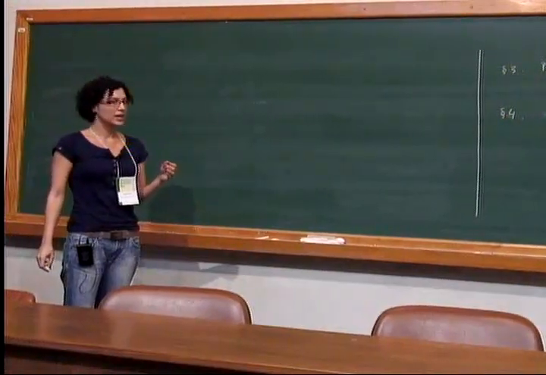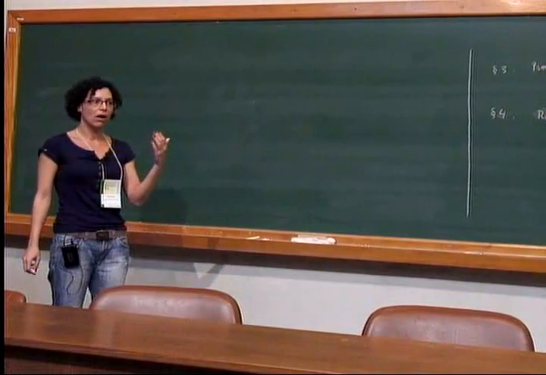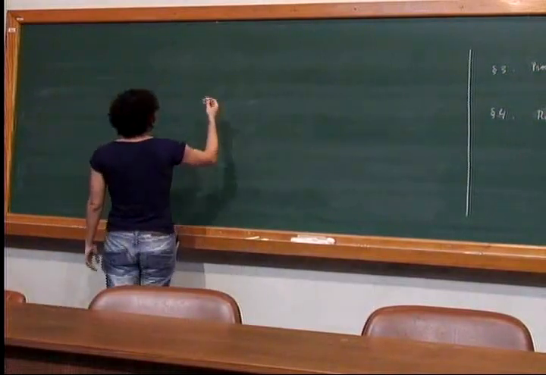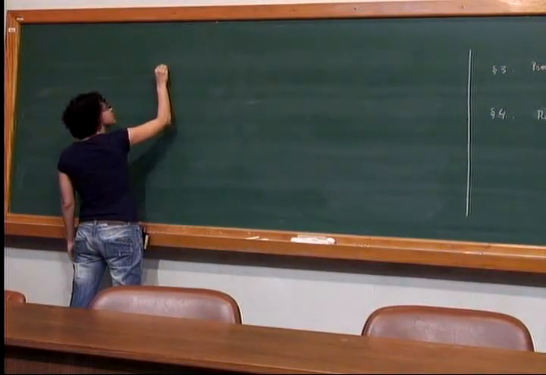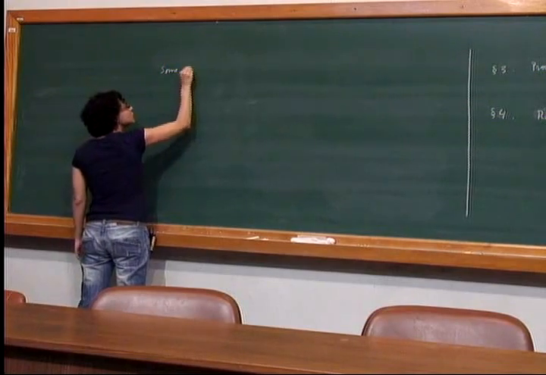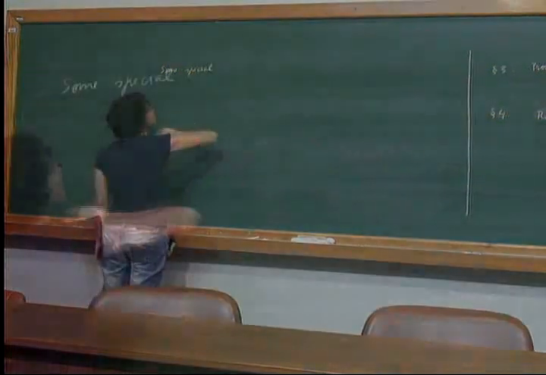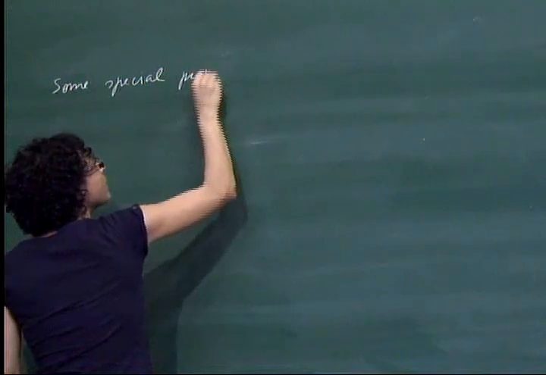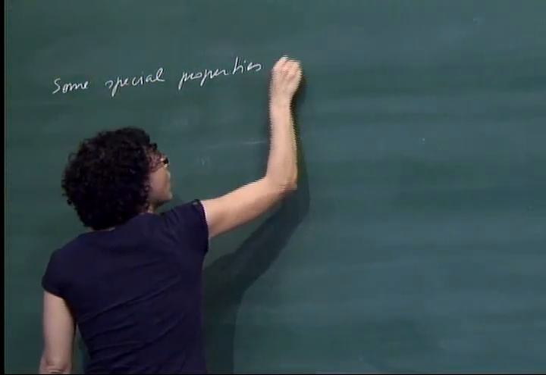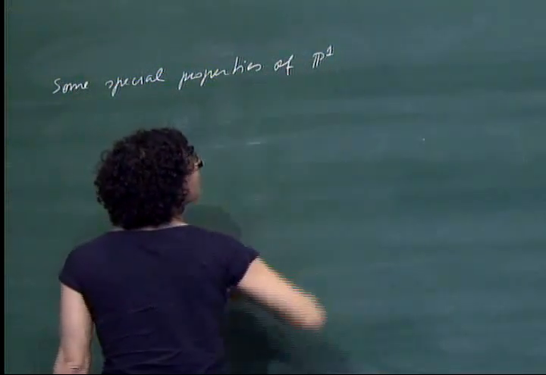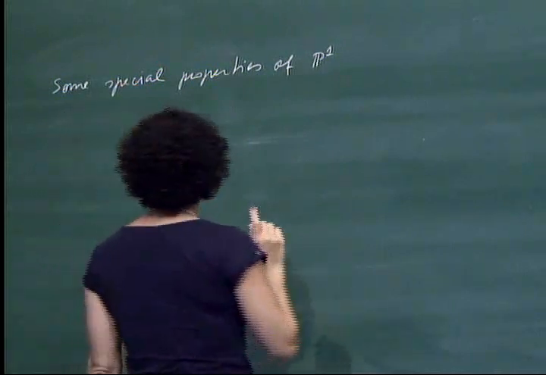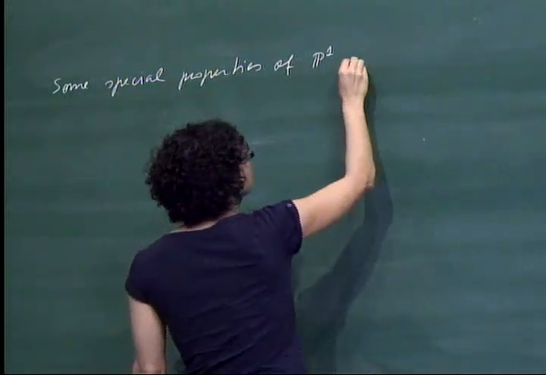And what I'm telling you is that rational curves are better than other curves. So let me justify this by just stating some special properties of P1 that you in general do not see in other smooth projective curves.